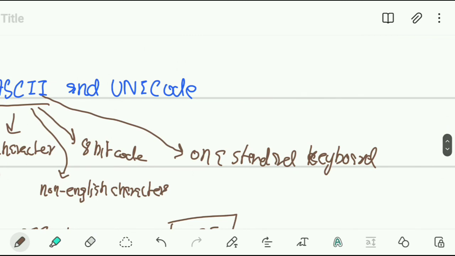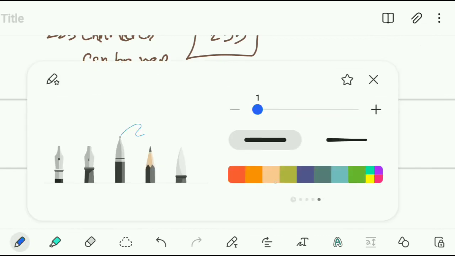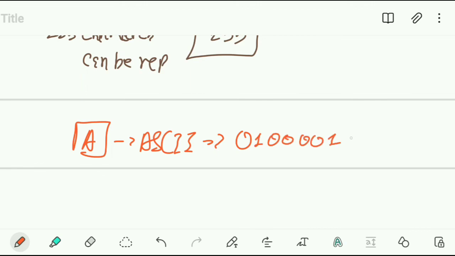Let me give you an example. Let's suppose I want to know the ASCII of A. The ASCII of A would be 01000001.